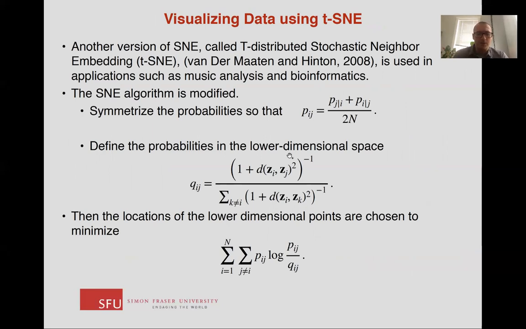And so then points are chosen to minimize this objective function. And so for those of you familiar with the KL divergence, that's what this is. And so the idea is you're choosing these things to minimize this, right? And so the idea is these QIJs can be written in terms of the Z's. And so the lower dimensional projection minimizes this objective function.